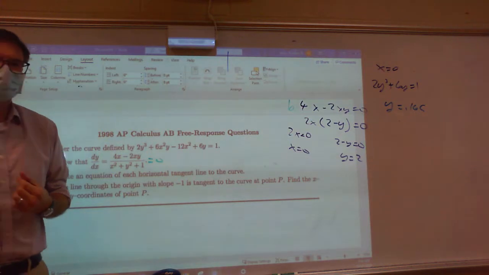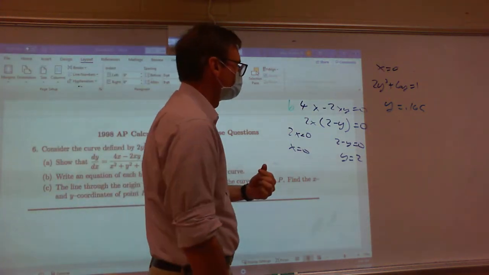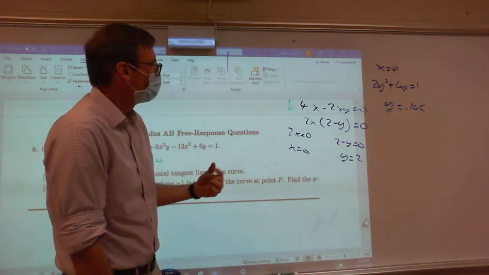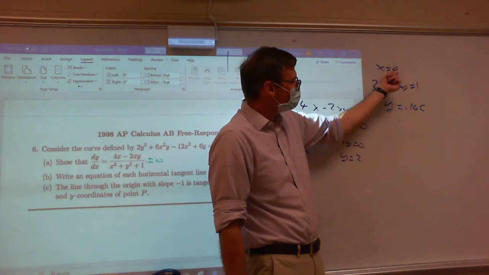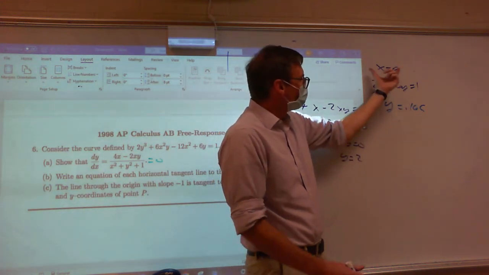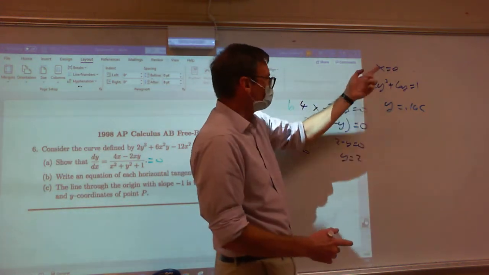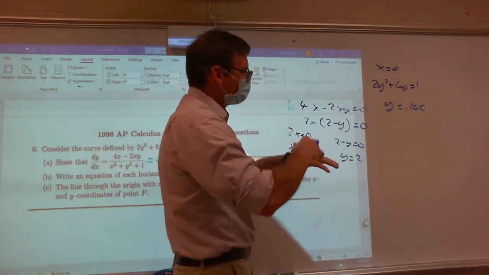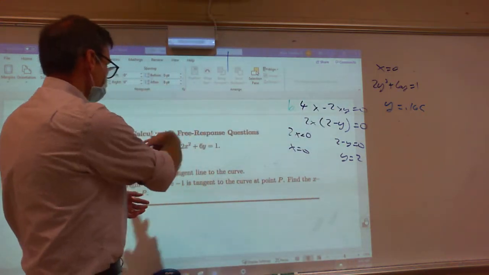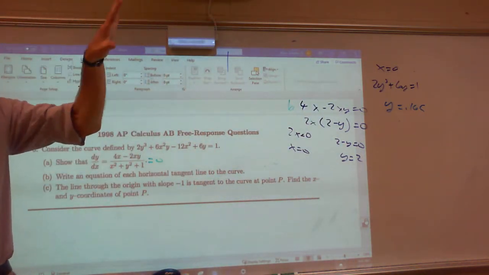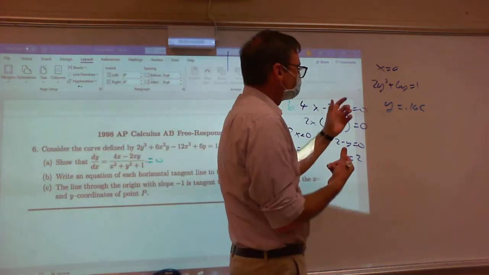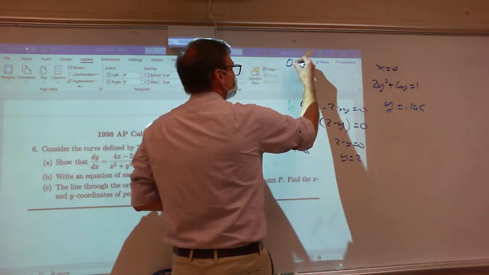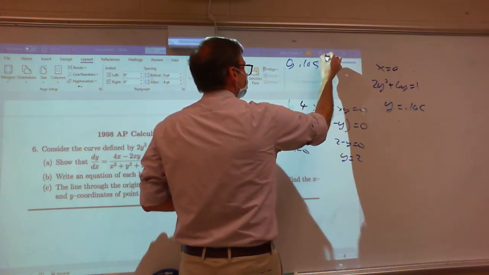I know that my slope is 0 when x is 0. So I've got some wacky looking graph with little circles or whatever, and I know that the slope is 0 at the point (0, 0.165).